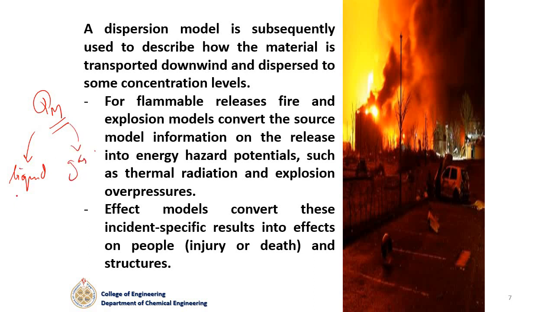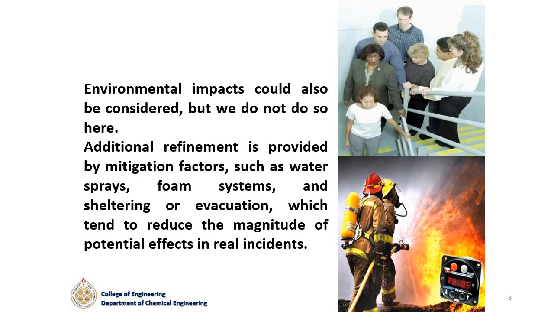And actually, the amount of liquid being dispersed, if it was a hole in a pipe or a hole in a tank, would be different. Or the amount of gas being dispersed, if it was a hole in a pipe or a hole in a tank, will be different, right? So all of that is part of what you are trying to study here.